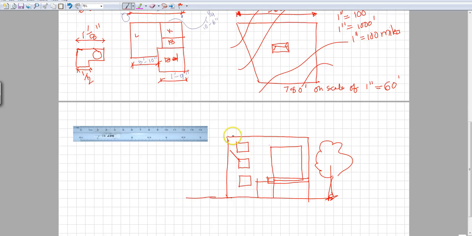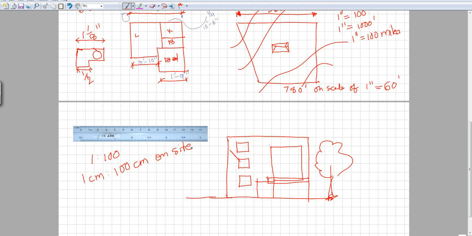So now if I were to measure this building, or even draw this building on a metric scale, I have to understand what 1:100 stands for. Now what this stands for is 1 centimeter on your drawing corresponds to 100 centimeters on site.